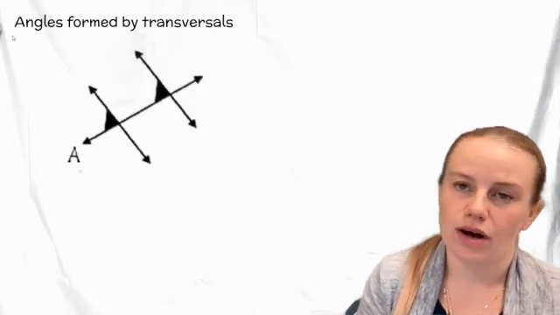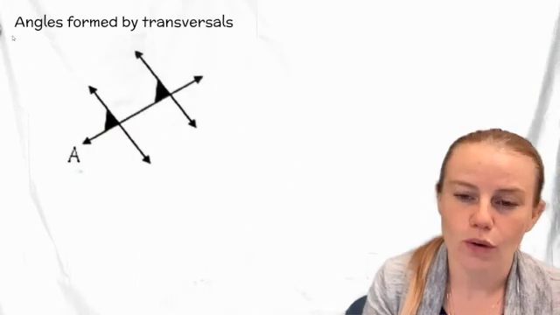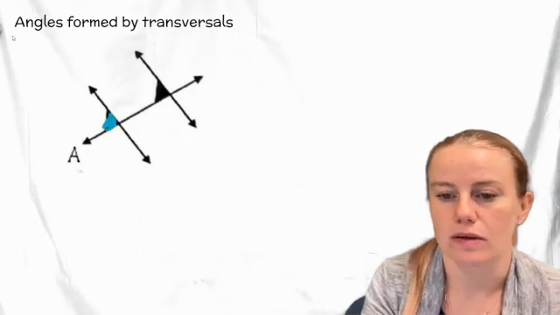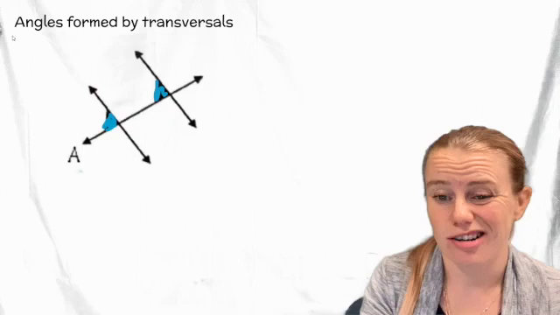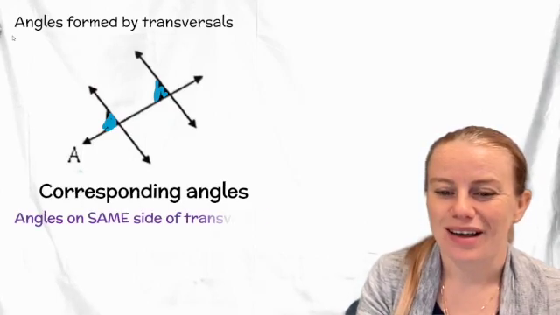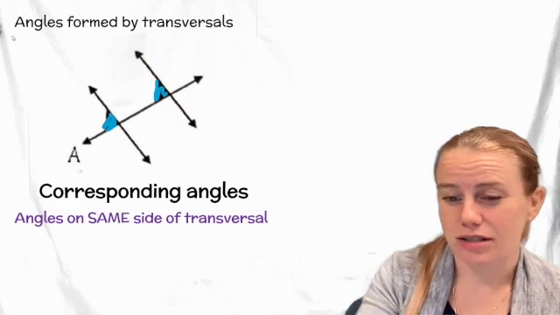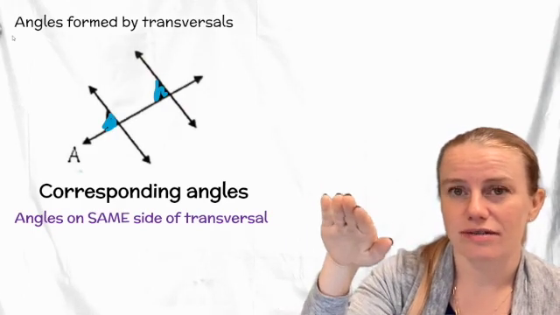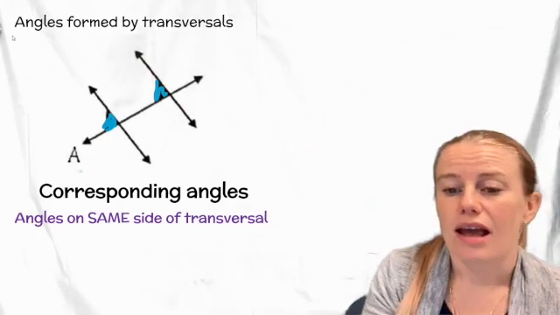All right, so like I said, we're going to look at some new angles. And our first one is our corresponding angles. That's these right here. You notice that they are on the same side of that transversal. So that line right there is our transversal. They're on that same side.